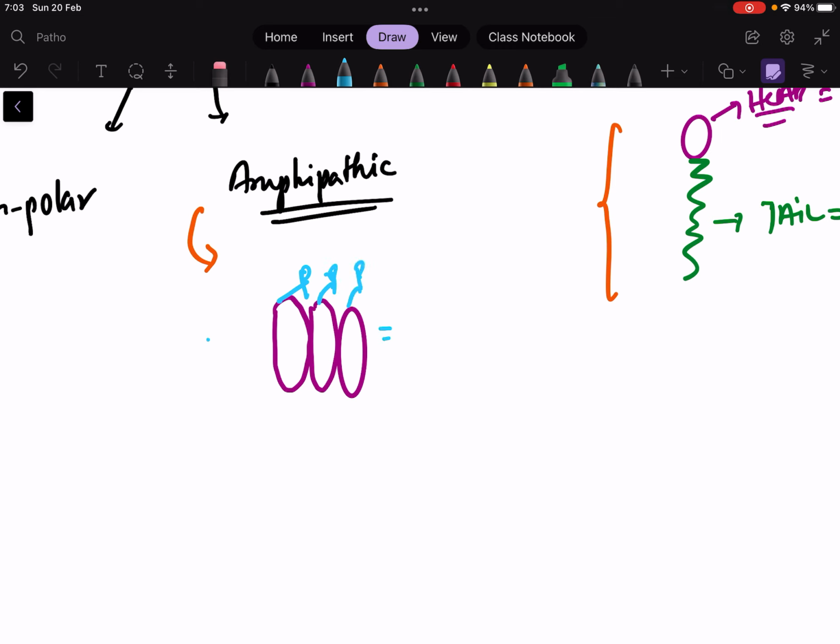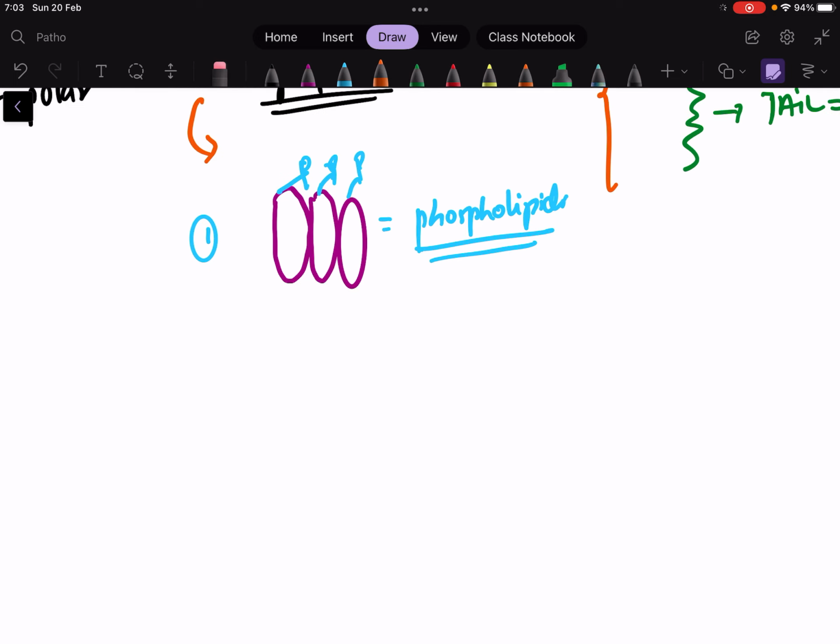So one example of amphipathic lipids is phospholipids. And the second type of amphipathic lipids is cholesterol. So cholesterol and phospholipids are called amphipathic lipids.